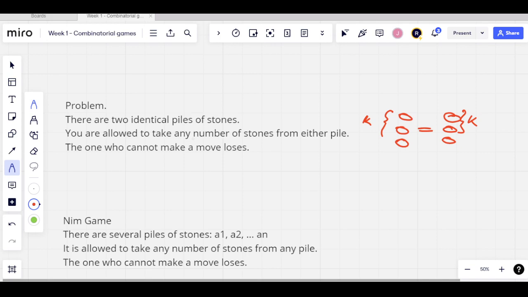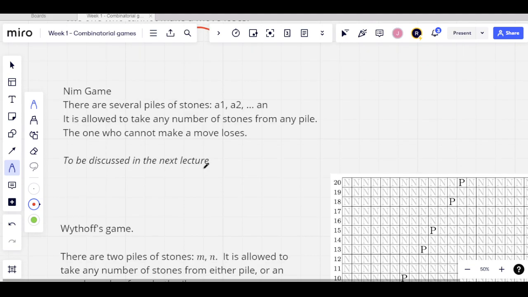The first player takes the last stone from some pile, and the second player replies in the same way, and the first player will lose because he cannot make any moves. Okay.